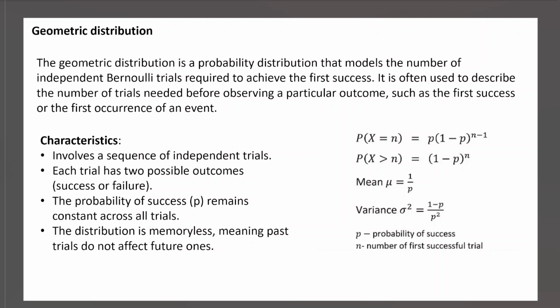The distribution is memoryless, meaning the past trials do not affect the future ones. The probability of achieving the first success on the nth trial is given by p times (1 minus p) to the power of n minus 1.